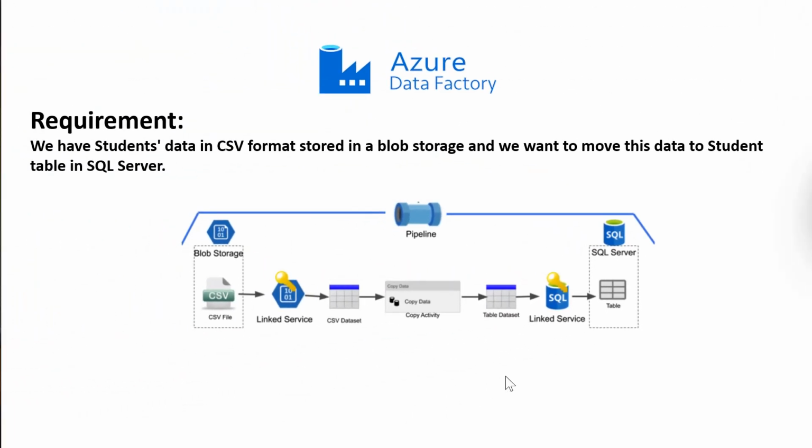The simplest way is creating a copy activity using the copy data tool because we don't have multiple activities. It's only one simple copy from source to destination. We start with that one. A pipeline is for orchestration and doing multiple tasks. So we do the pipeline later, but for now we go with the copy data tool.